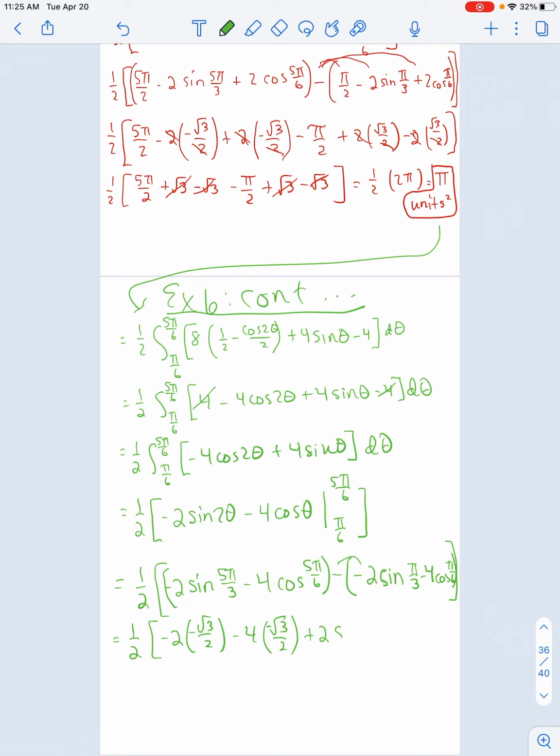I'm going to go ahead and distribute that, so I get positive 2. I just want to calculate my sine. The sine of pi over 3 is square root of 3 over 2. And then distribute that negative, I get positive 4. Cosine of pi over 6 is square root of 3 over 2.